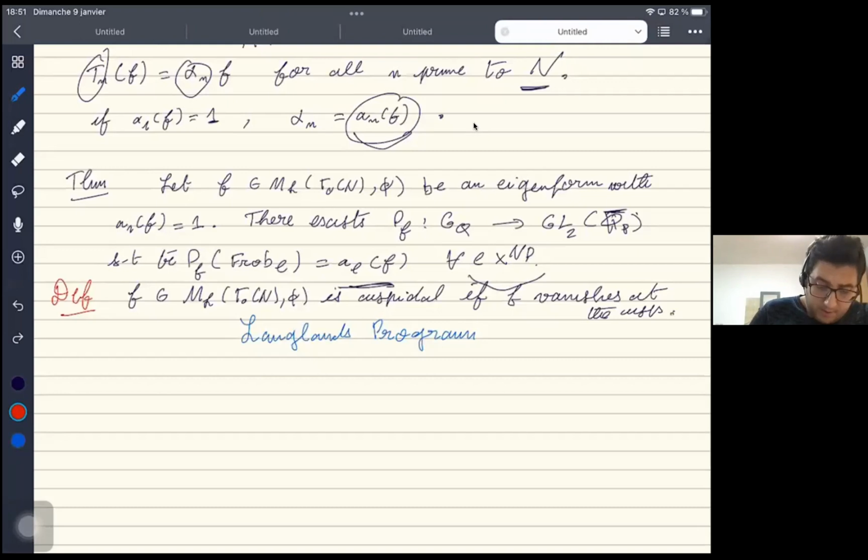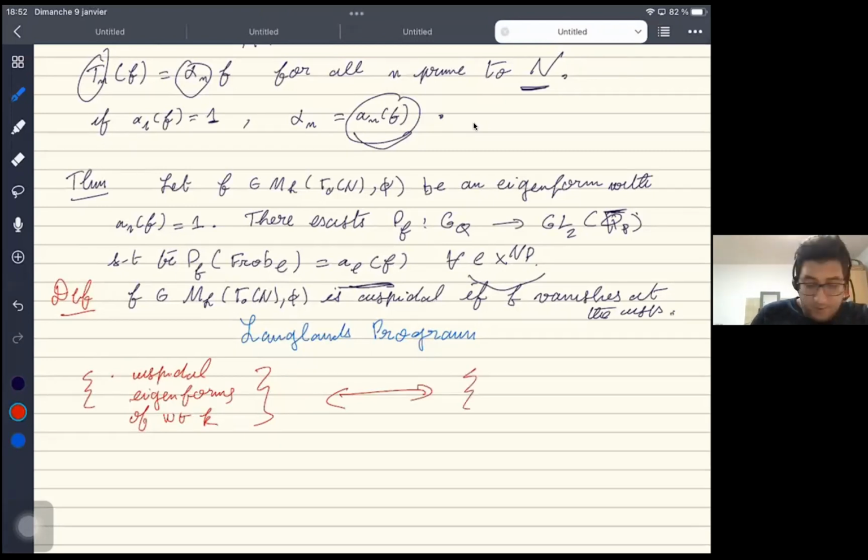And now I can just give you a picture. In the Langlands program, there is a correspondence between such cuspidal eigenforms of weight k and Galois representations with certain properties in p-adic Hodge theory, Hodge-Tate weights 0 and k-1, and a condition at p.